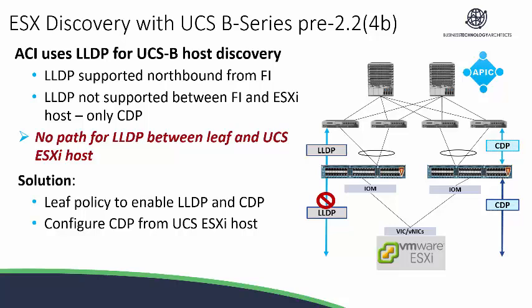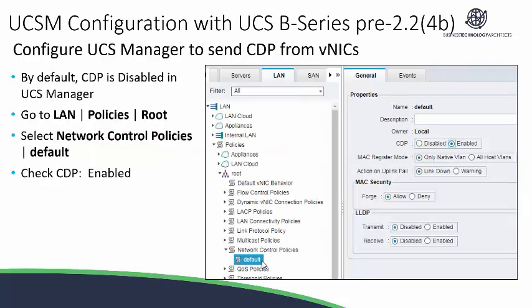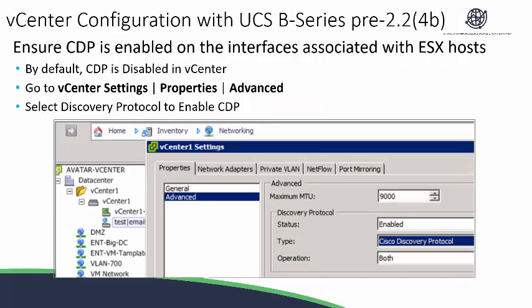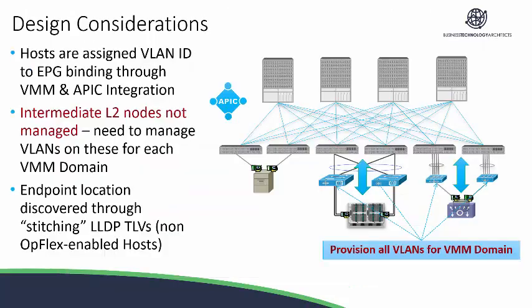We'll do a leaf policy to enable LLDP and CDP, and then we'll configure CDP from the UCS host. Then we'll configure our network control policy, enable CDP, and go from there. So ensure CDP is enabled on the interfaces in pre 2.2. Not very many people run 2.2 anymore.